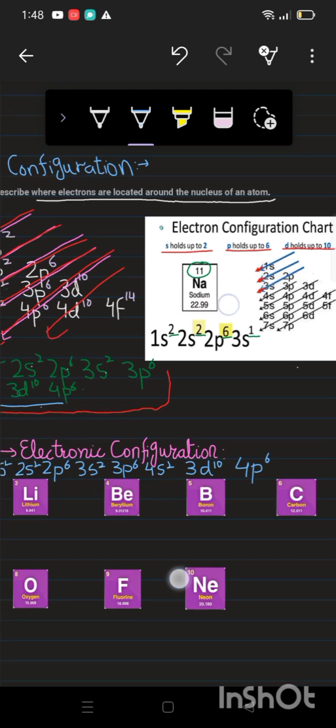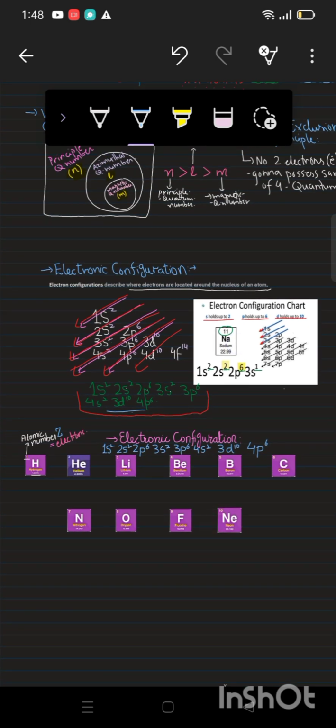If we need more, we will continue with this. So we have written our general form here, which is 1s2, 2s2, 2p6, 3s2, 3p6, 4s2, 3d10, 4p6.